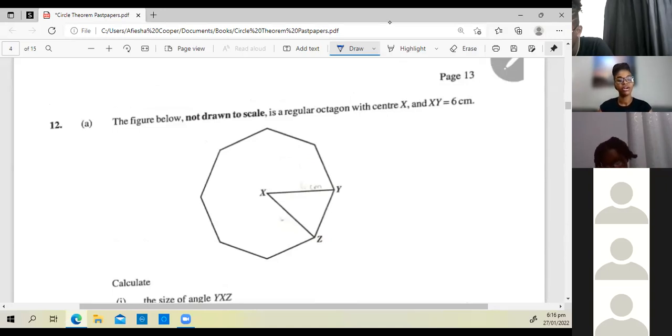You all should have this written down already. What is the formula to find out how many degrees in your polygon? Jewel, what's the formula? It's 360 divided by 8. What's the formula to find out how many degrees in your polygon?